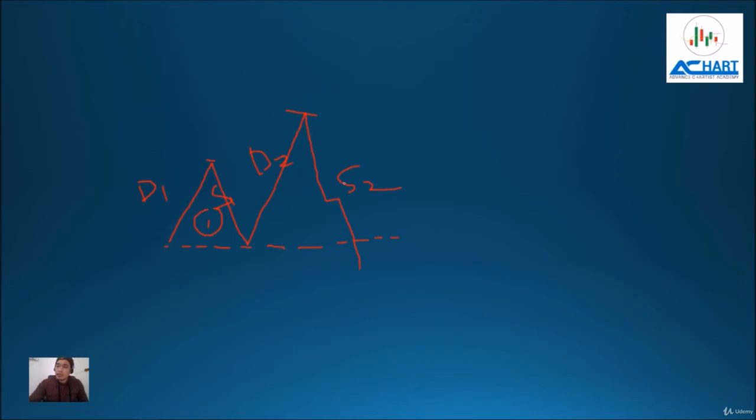Now we can see that seller line number 2 retraces beyond the support level of this line, so the seller became more aggressive compared to the seller from the first loop.